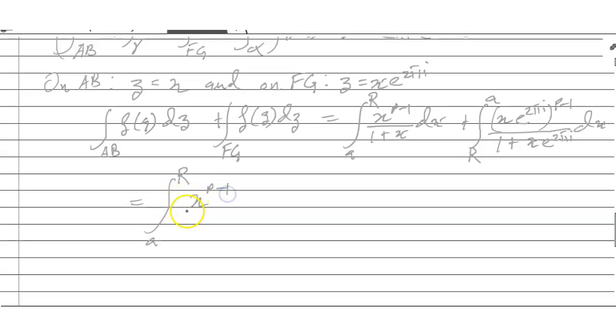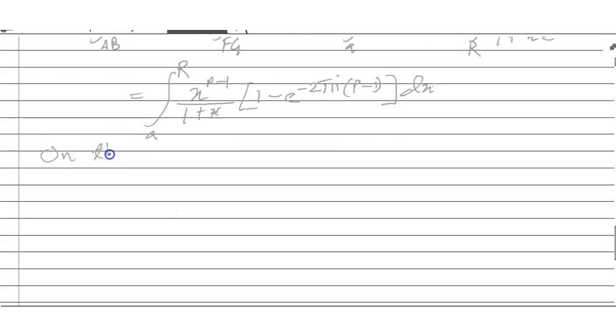x to the power p minus 1 divided by 1 plus x. On the circle gamma, z equals r times e to the power i theta.